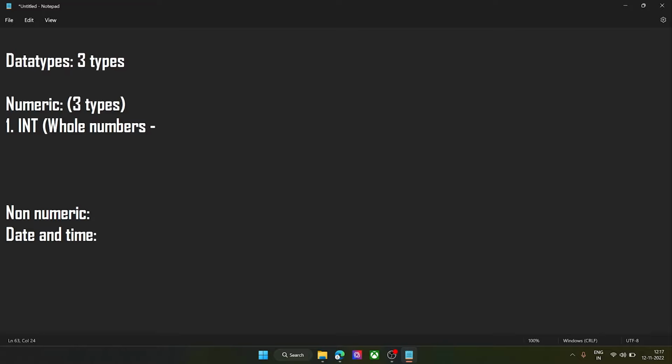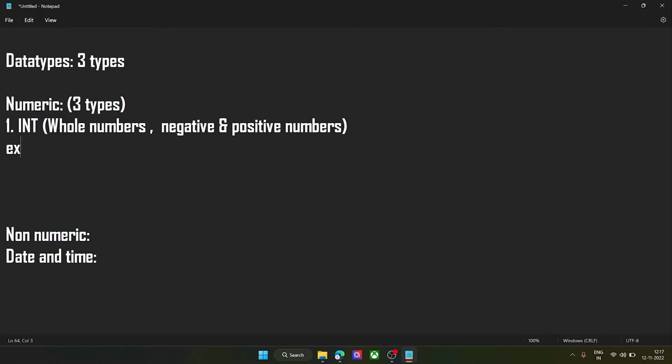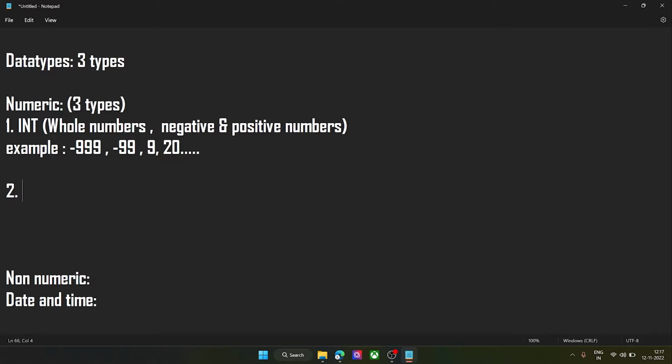It includes negative numbers and positive numbers, for example, minus 99,999 or minus 99,920, etc.